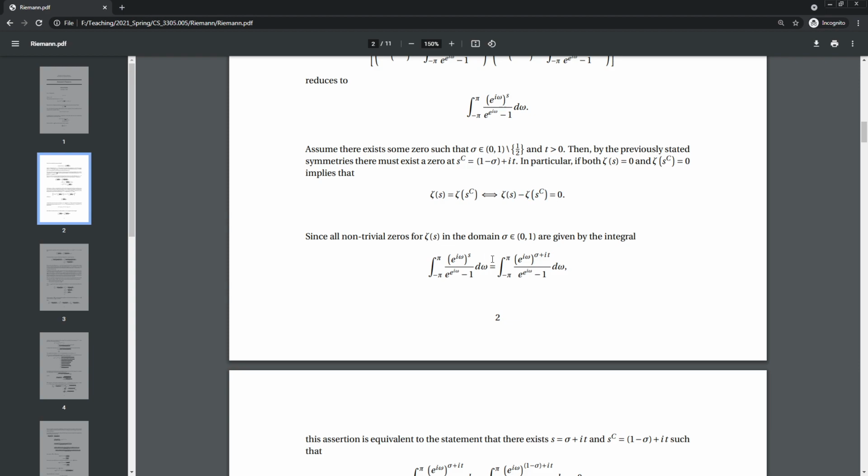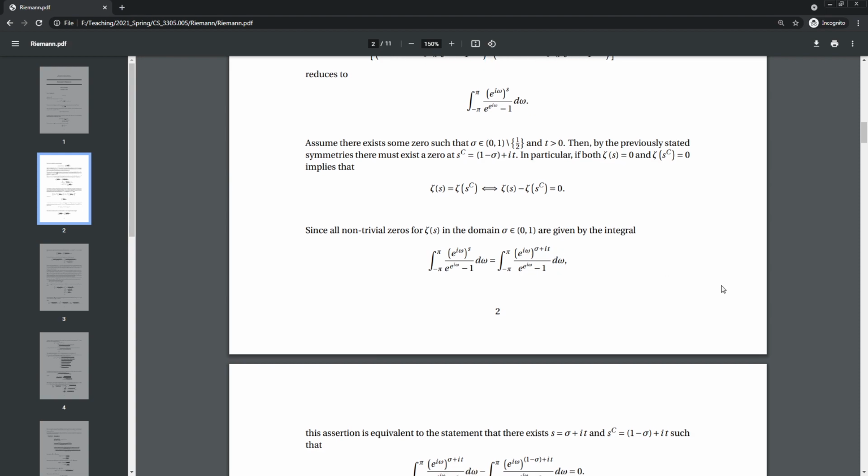Okay, so now we have something that we can sort of pry on. Since all non-trivial zeros for zeta of s in the domain sigma between 0 and 1 are given by the integral, then here we expand s to be sigma plus it, so we can start manipulating it a bit.